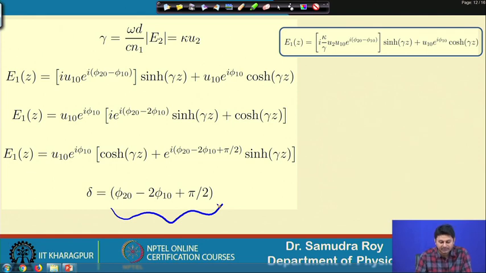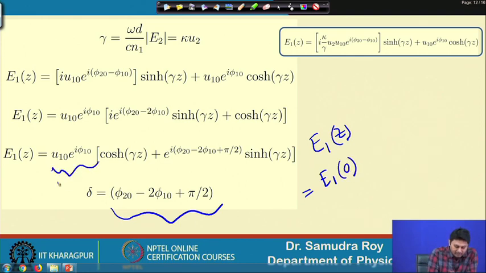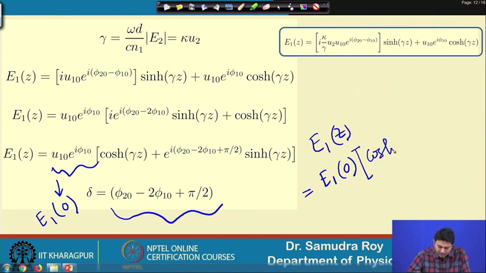So, now if I put these things here, we are going to have one expression. E1 z is nothing but E of 1 0, mind it, this quantity is nothing but E of 1 at z equal to 0, that is the input, multiplied by cos hyperbolic of gamma z plus e to the power of I delta sine hyperbolic of gamma z.